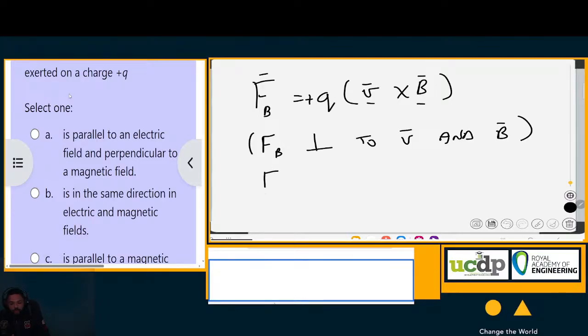The electric force on a positive charge is parallel to the E field, the electric field itself.